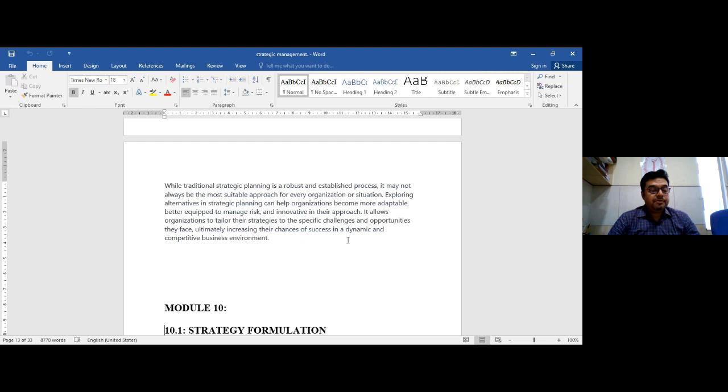It must make a disproportionate contribution to customer perceived value. It must provide uniqueness. It must be superior to its competitors, superior to the competitor capabilities, and there should be extendability.